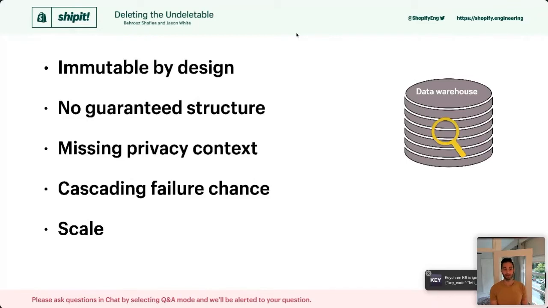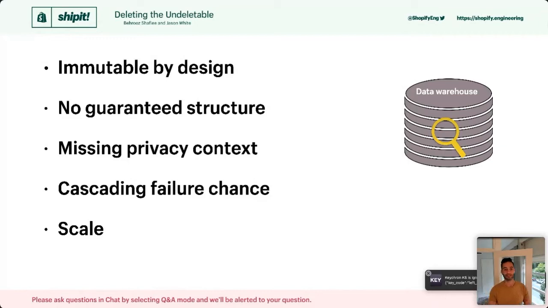And a lot of production jobs and dashboards were depending on this data set, and any change could cause cascading failures. And last but not least was scale, both in terms of the data, this was petabytes of information, and also hundreds of people were depending on and using these data sets.